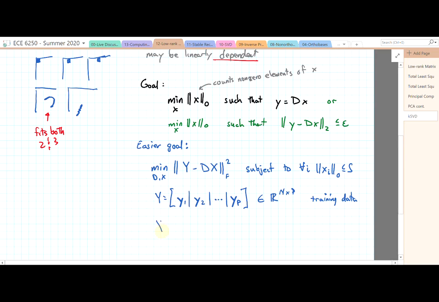And similarly, we have X. It's going to represent our coefficient vectors for those respective training samples. And D is as given before.